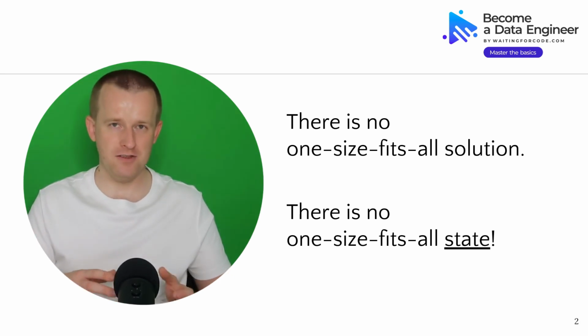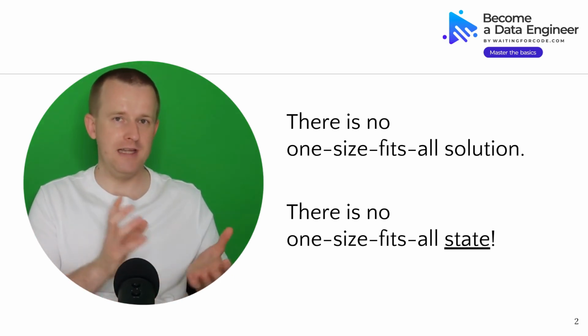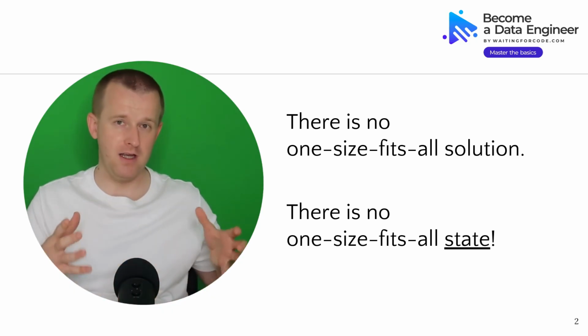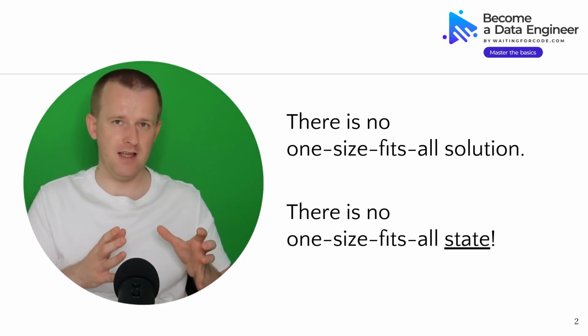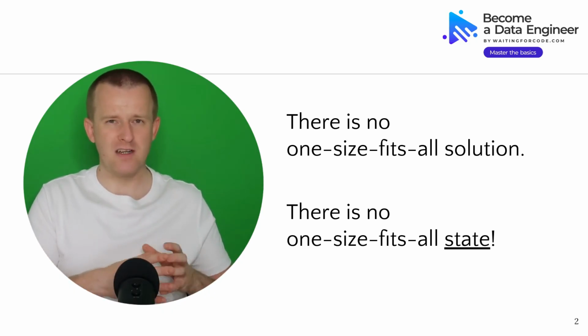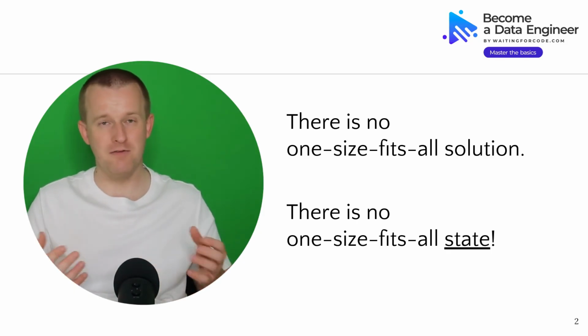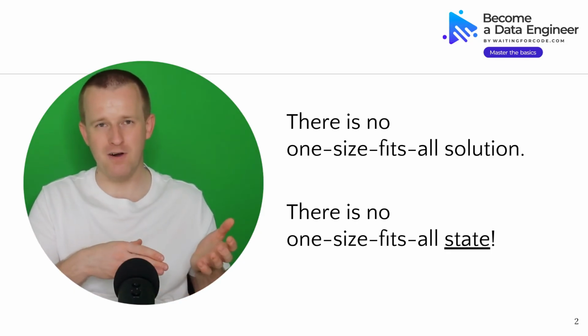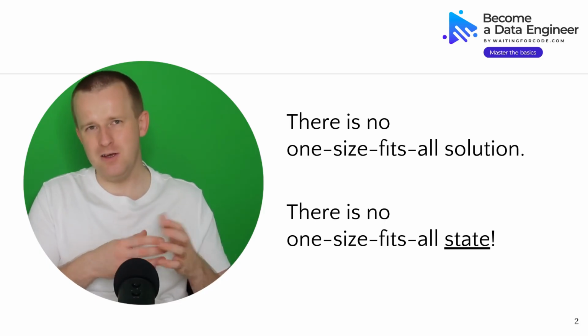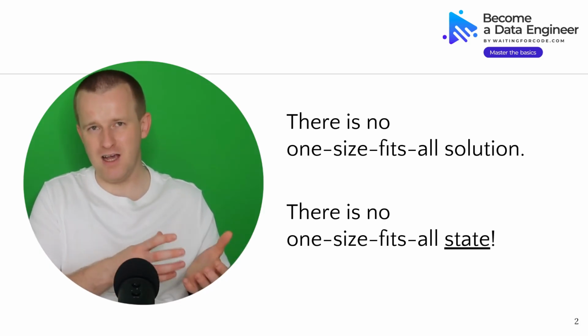Because in some computations you will need to store the whole state or quite a big amount of state records, whereas for others you will just need a scalar value. For example, if you are doing the counter from our previous lessons, you just need to store the current count.